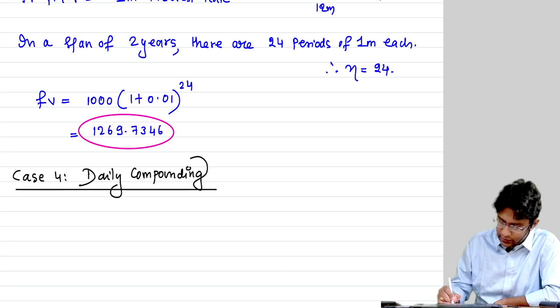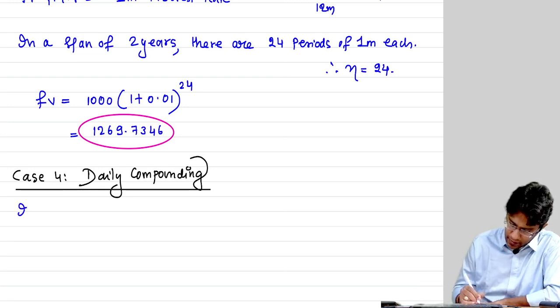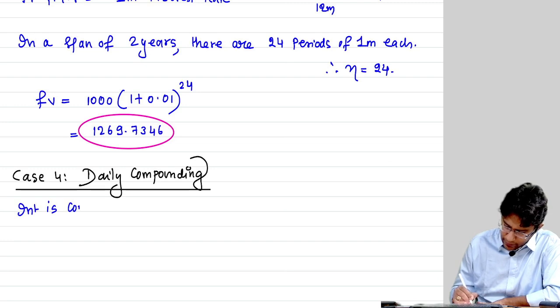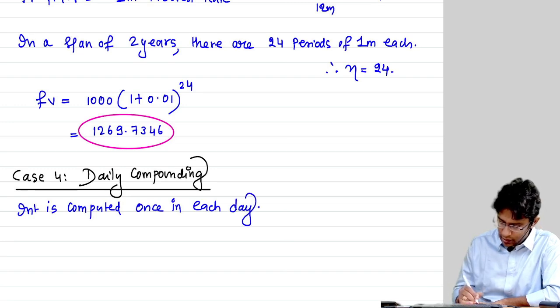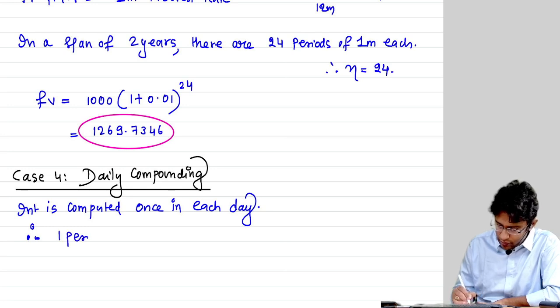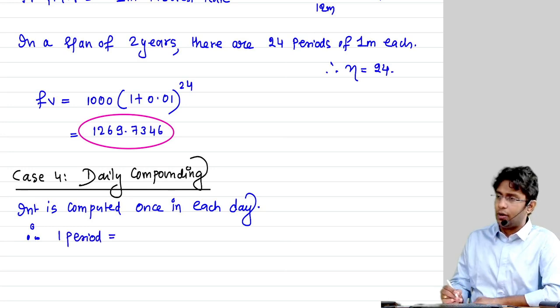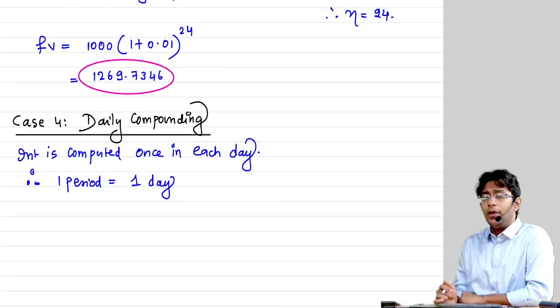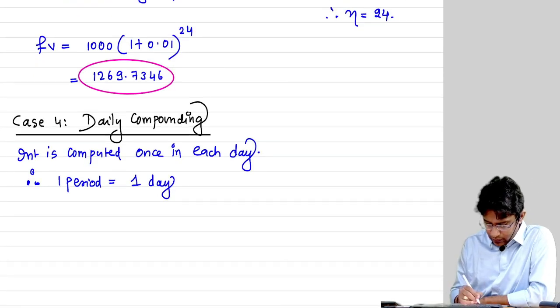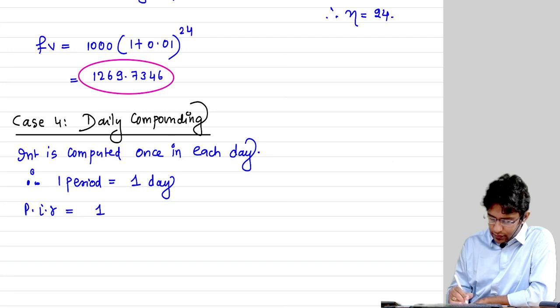Case 4, sir. Daily compounding. Tell me the meaning of this. Interest is computed once in each day. Therefore, one period is equal to 1 day. Now that one period is equal to 1 day, periodic interest rate means it's 1 day interest rate.